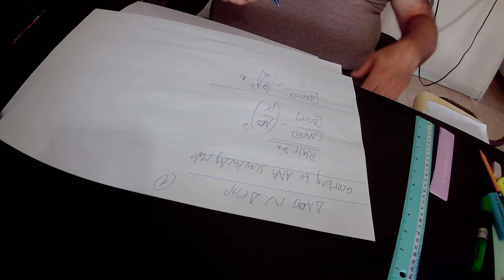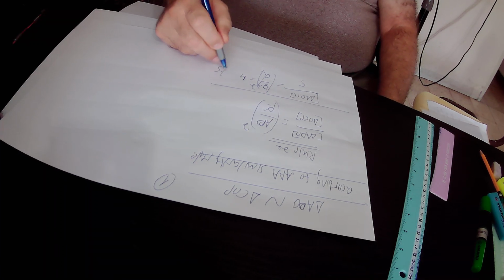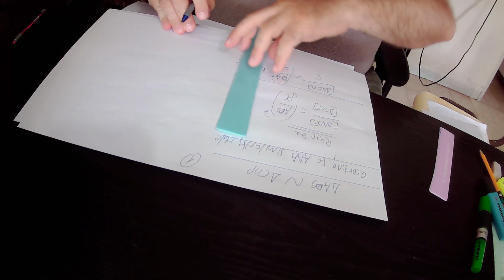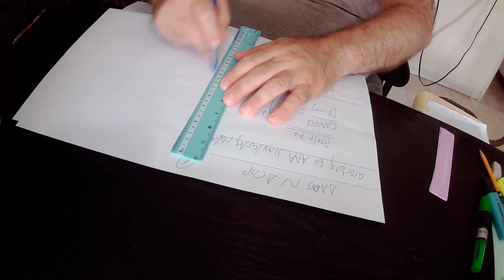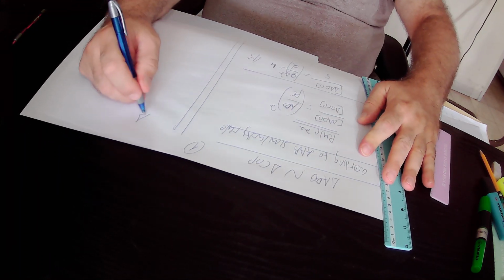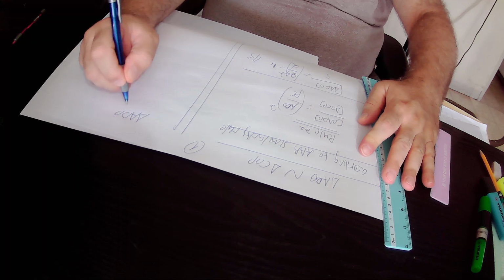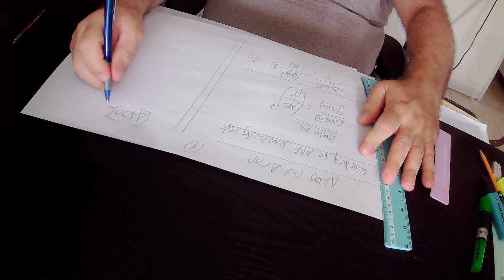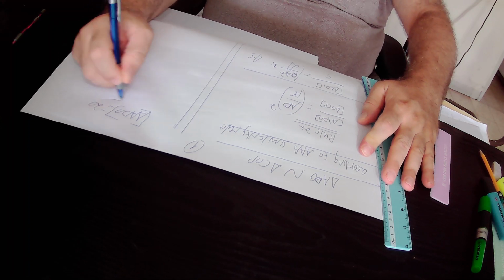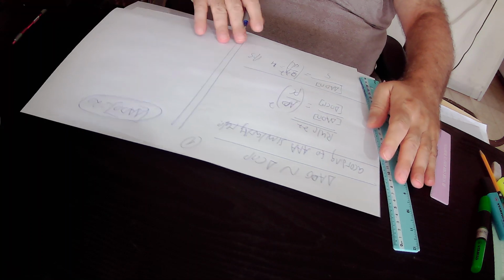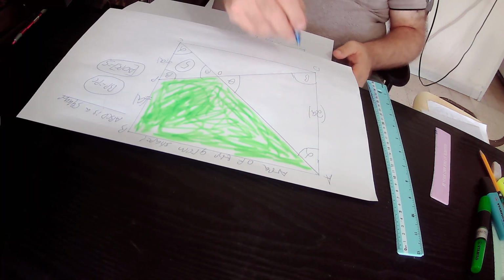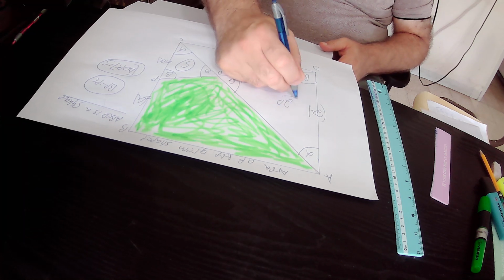Here we multiply the equation by 5, and we get that the area of the big triangle ADO is equal to 5 times 4, that is 20 square units. So the area of this big triangle ADO is equal to 20 square units in its size.